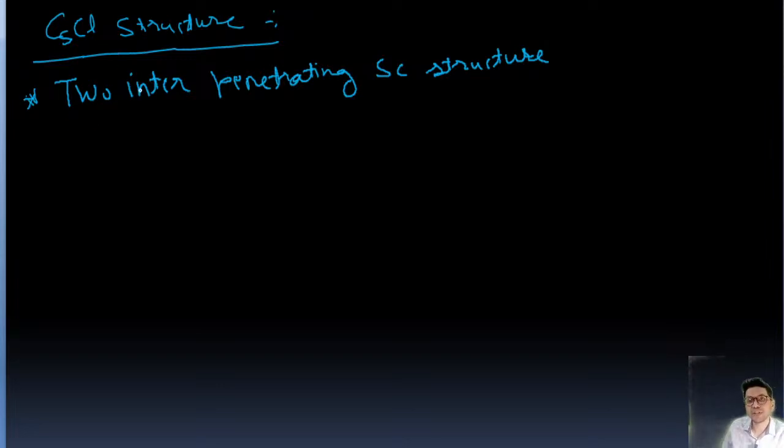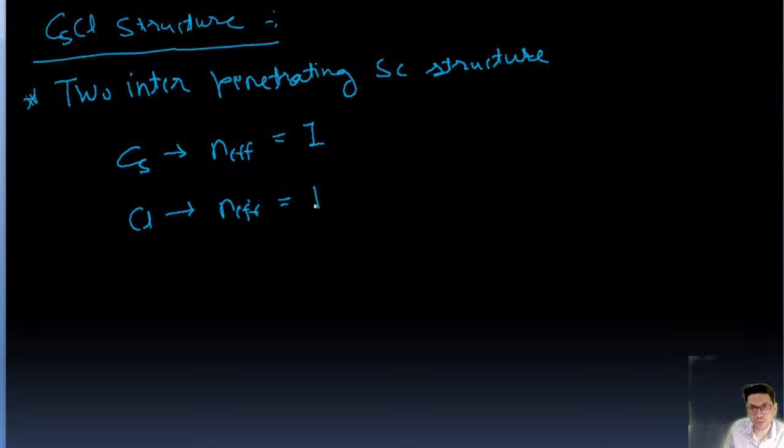It has two interpenetrating simple cubic structures. So for CsCl, for the Cs atom, N effective is 1. For the Cl atom, N effective is also 1 for the CsCl case.